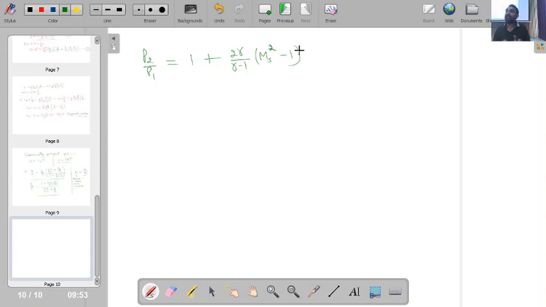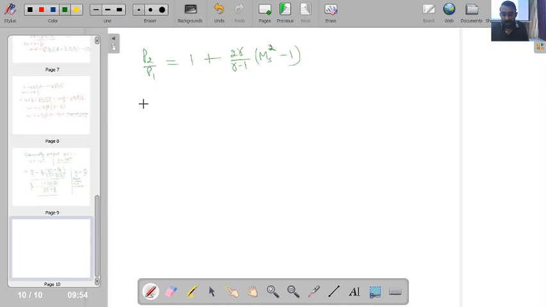Fine. So what I have done, basically, in my momentum equation, is substitute this Mach number in place of velocity, and then apply the assumption of calorically perfect gas, and substitute whatever speed of sound relations were applicable for calorically perfect gas. After some algebraic manipulations, we are able to get P2 by P1 equal to 1 plus 2 gamma by gamma minus 1 into Ms square minus 1.